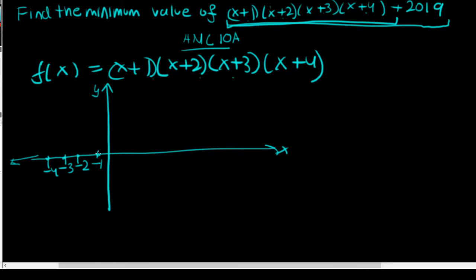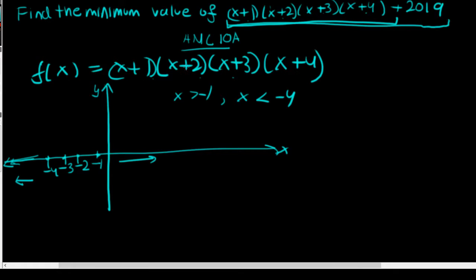Now, let's actually try to see the values of f of x when x is greater than -1, that is on this side of the graph, and the value of the function when x is less than -4, for values of x that are here at the left hand side of -4. At the right hand side of -1, f of x will always take positive values.